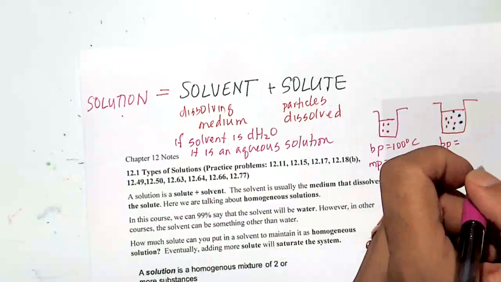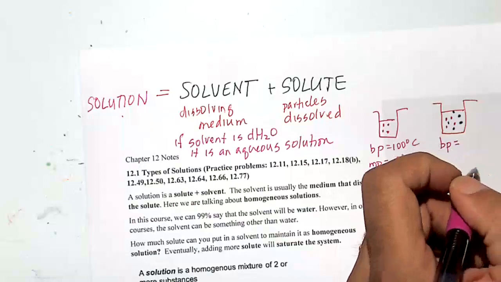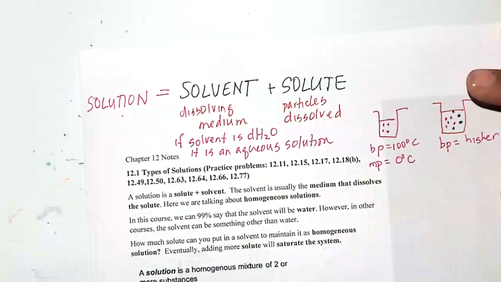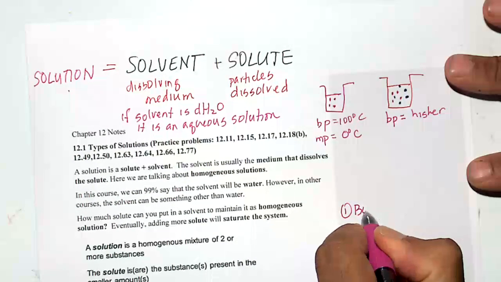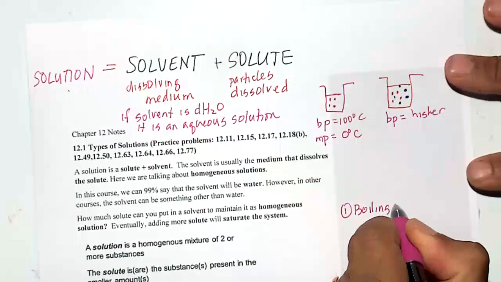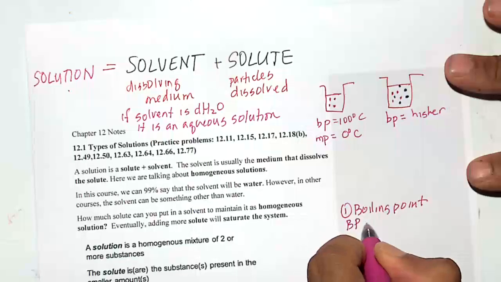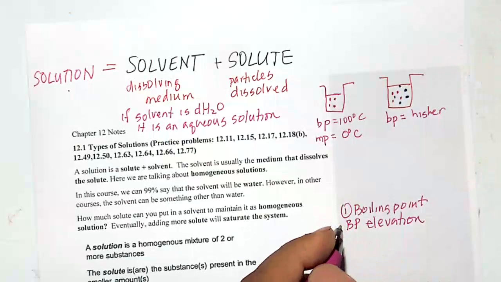Okay, higher. So one of the things that we want to know, the boiling point is going to be higher. We call that boiling point elevation, BP elevation. So your new boiling point will be higher.